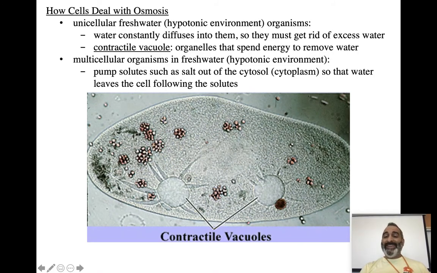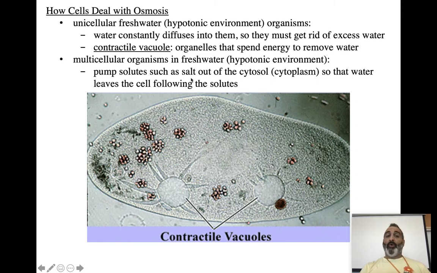So what fish, or organisms that live in freshwater environments, do is they don't move water like a pond critter does with its contractile vacuole. They don't have a contractile vacuole. Instead of moving water out, they push salts out. If they push salt out of the cell, then water follows the salt and leaves the organism that way.